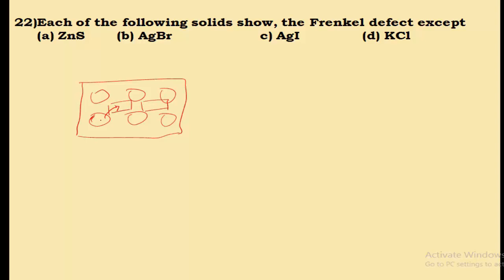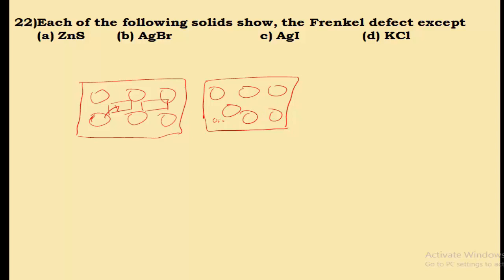If it leaves the original site and moves to the interstitial site, then such type of defect is said to be Frenkel defect or dislocation defect. And here it will form a vacancy. We can represent this like this. Here one atom will come and remain, and here it will become vacant space. So this is dislocation defect.